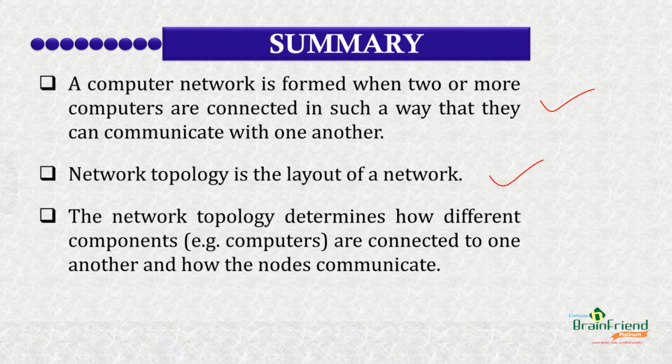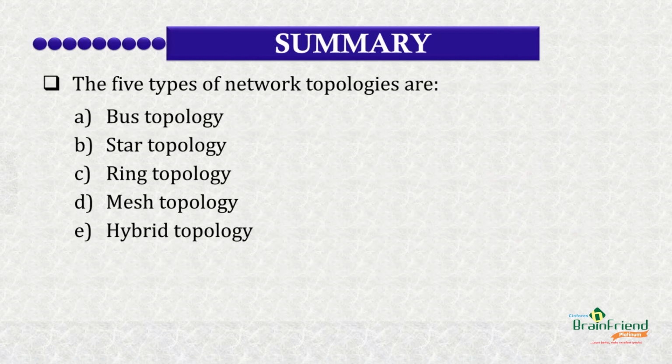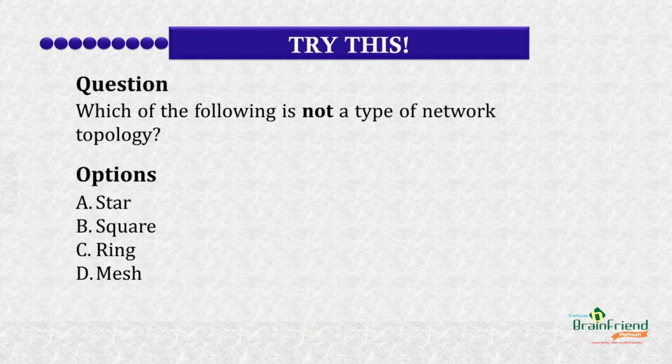Going on, we learned that the network topology determines how different components are connected to one another and how the nodes communicate. And finally, we learned that 5 types of network topologies are bus topology, star topology, ring topology, mesh topology, and hybrid topology.